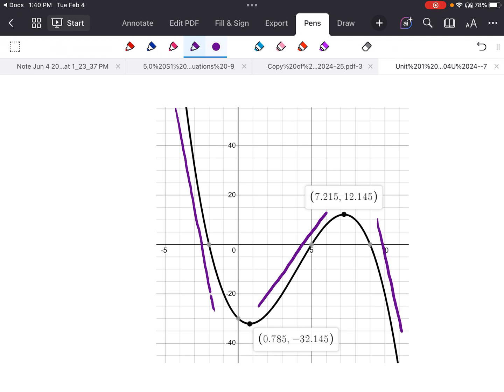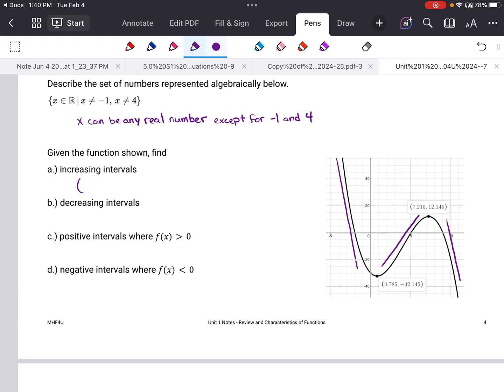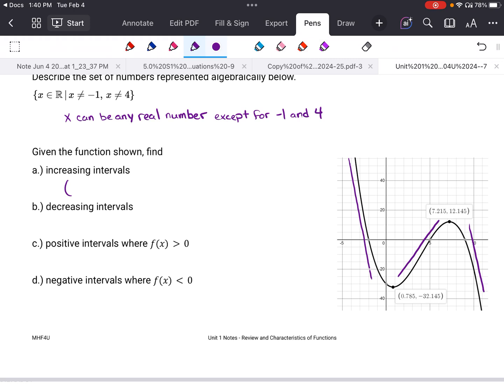So increasing means when is it a positive slope? And for that, we look at the 2 turning points, the x values of the 2 turning points. So we see that it turns into a positive slope at 0.785. And it goes all the way up to 7.215 before turning back into a negative slope.